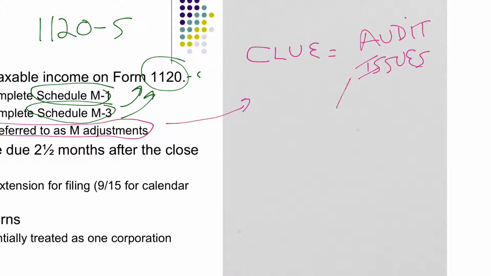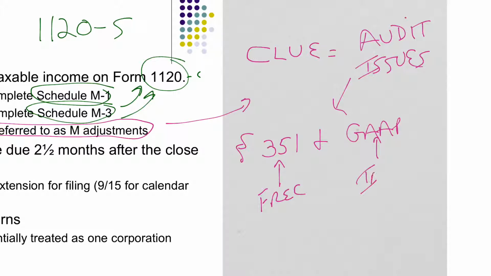For example, we just had one where we had a book tax difference based on Section 351, which we get into in the next chapter. And so we had to explain it on an M-1 adjustment or M-3 adjustment as a difference between Section 351 and GAAP, because GAAP recognizes the issues involved in Section 351 differently than tax. For tax purposes, it's tax-free, and in GAAP, it's recognized as income, in our particular case anyway.